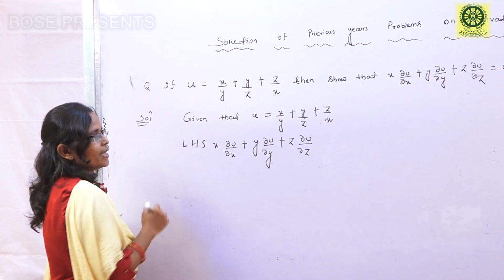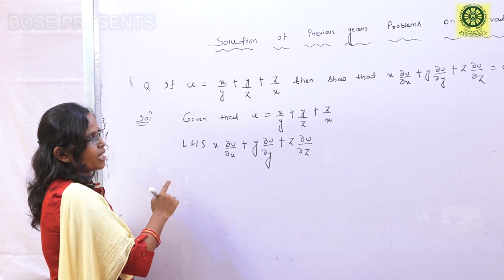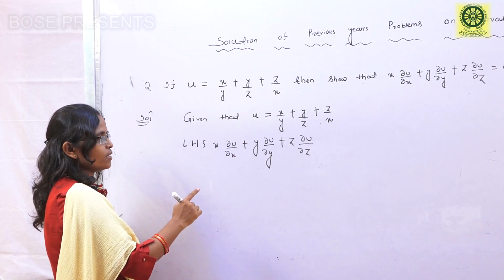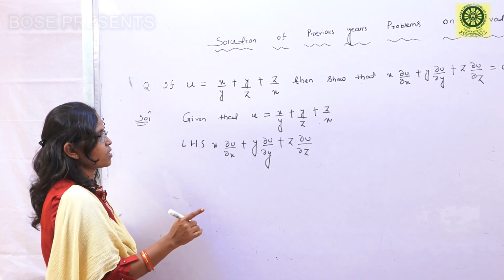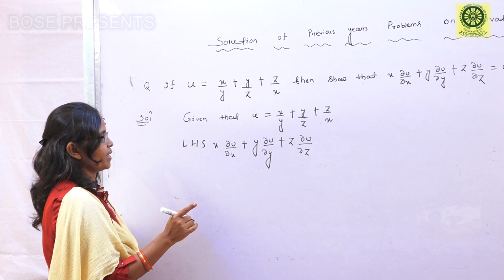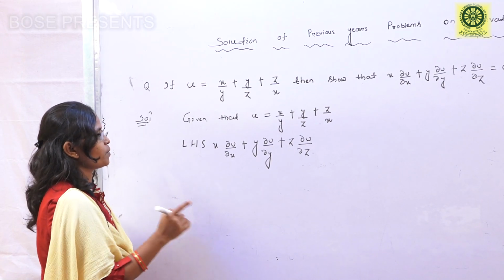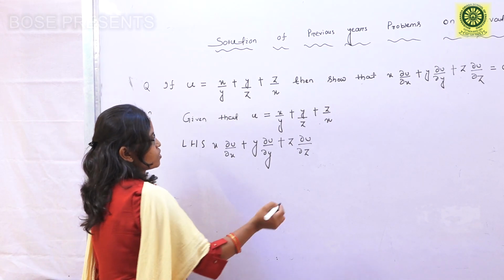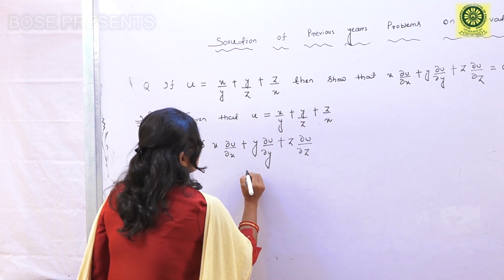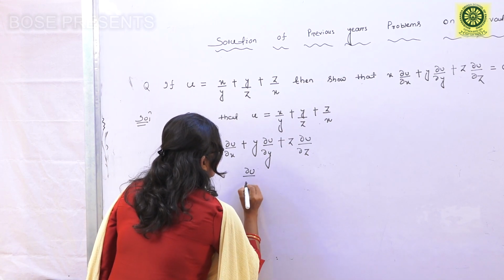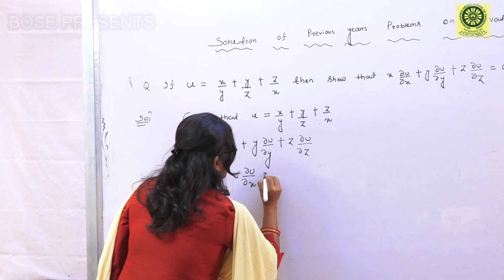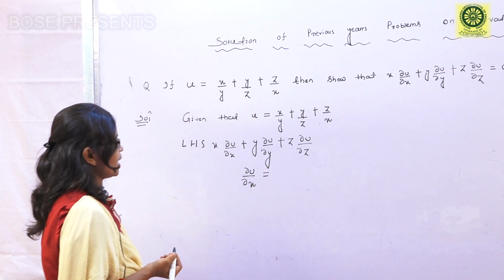Then what is a partial derivative? A partial derivative of a function of one or more variables is taken with respect to a single variable while the other variables are considered to be constant. So u equals this. How can we calculate the value of del u by del x?